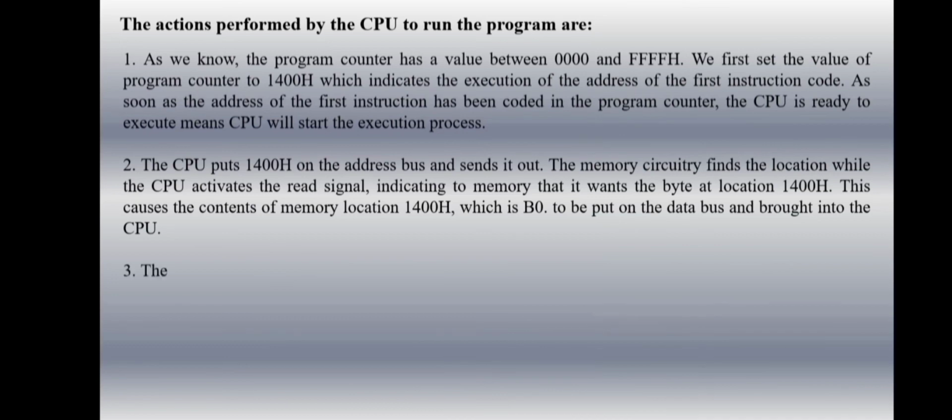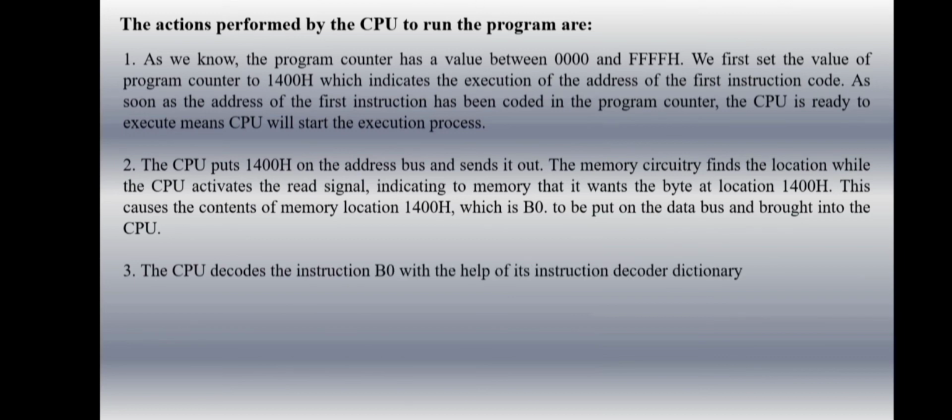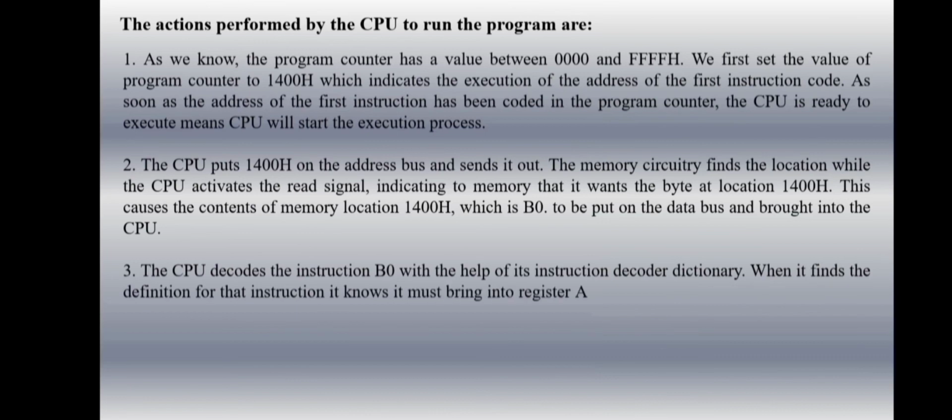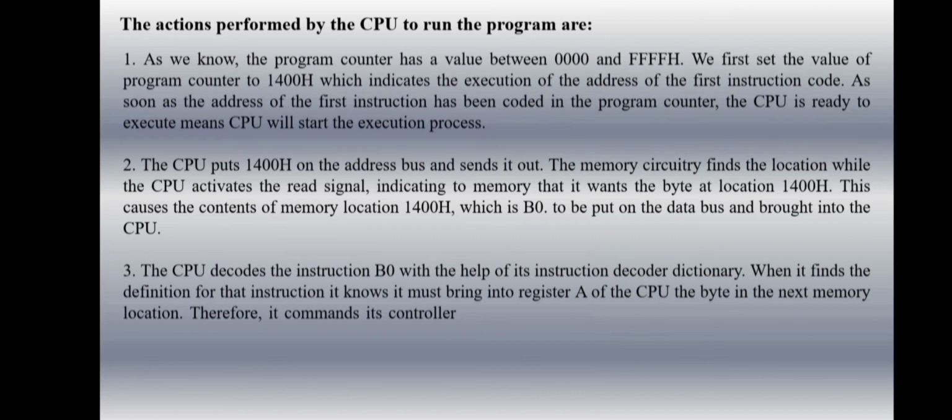The third step is the CPU decodes the instruction B0 with the help of its instruction decoder dictionary. When it finds the definition for that instruction, it knows it must bring into register A of the CPU the byte in the next memory location. Therefore, it commands its controller circuitry to do exactly that.